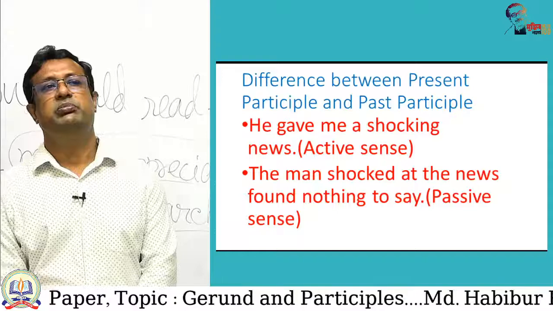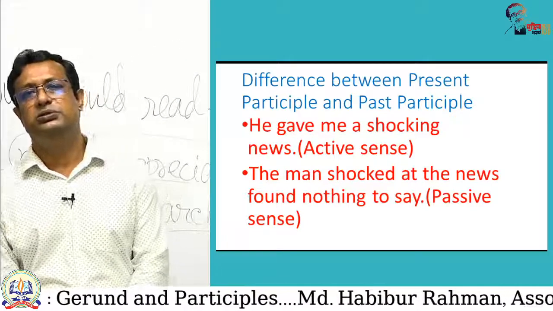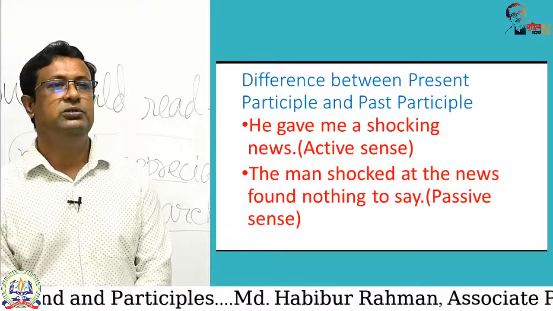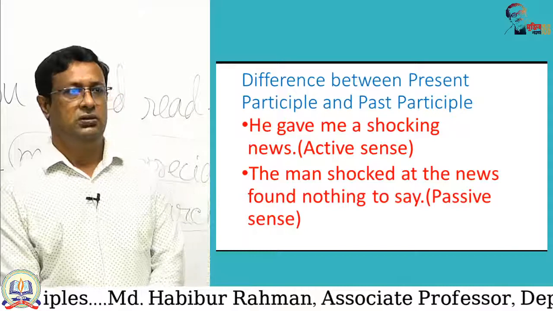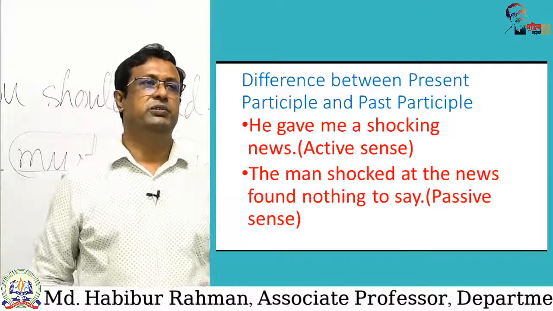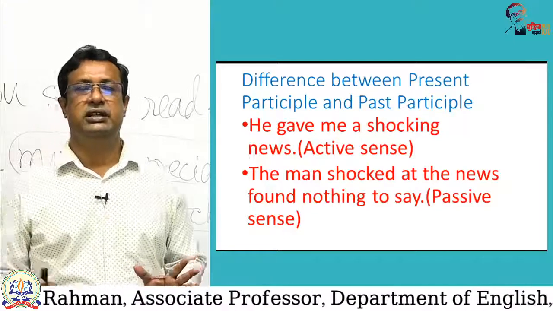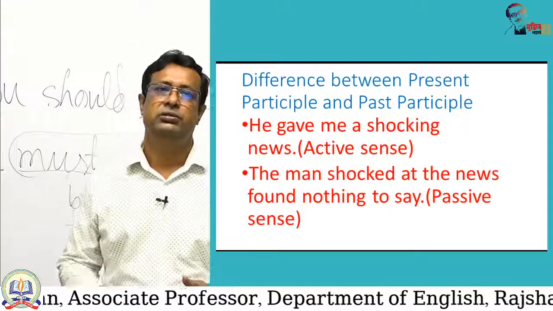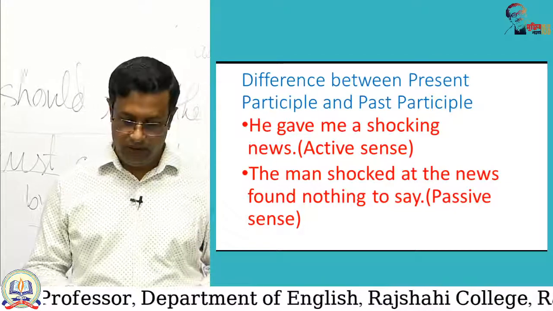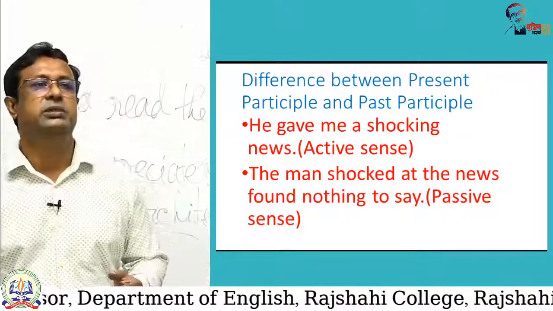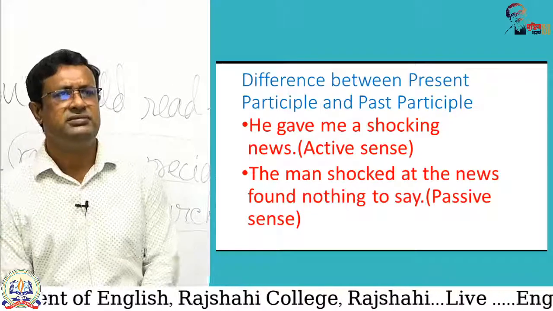That is why passive form has been used, and when we want to give a passive sense, we use a past participle word, past participle verb or past participle phrase. So, this is quite clear. When we want to express an active sense, we use present participle. When we want to give a passive sense, we use past participle.